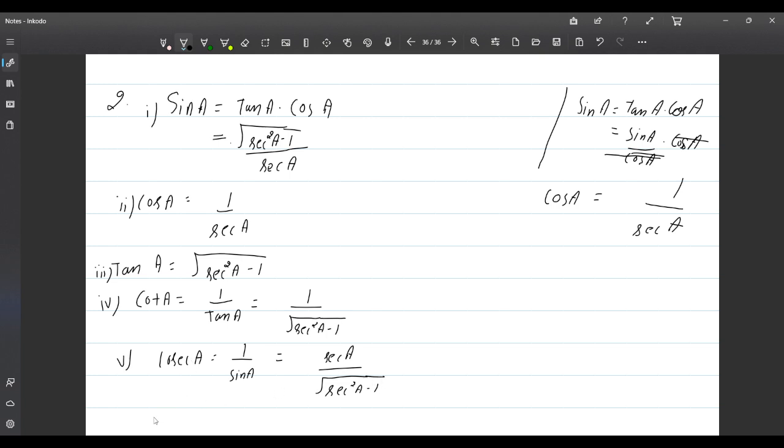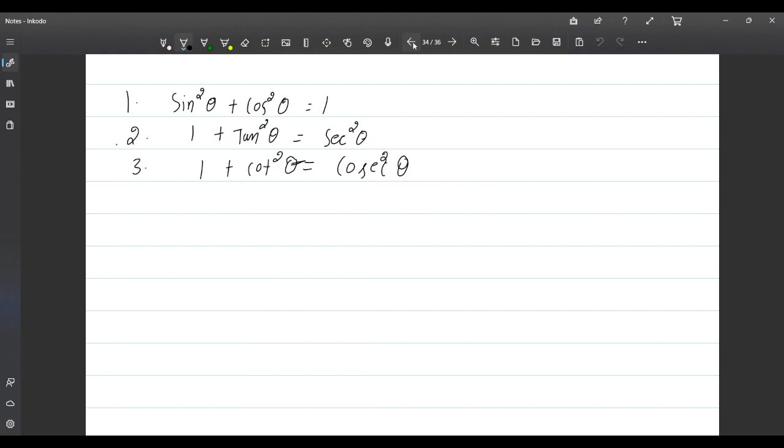And sec A is equal to 1 upon cos A, that is equal to sec A. So this is all about the second question.